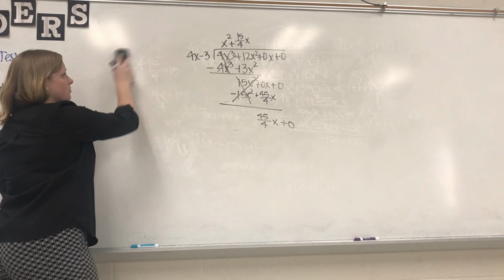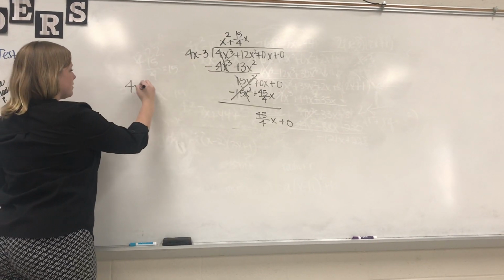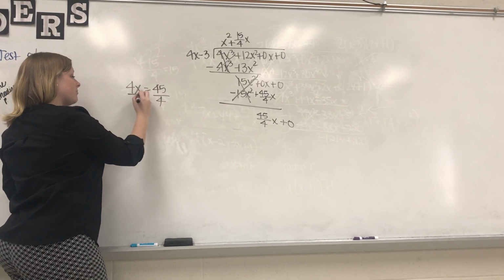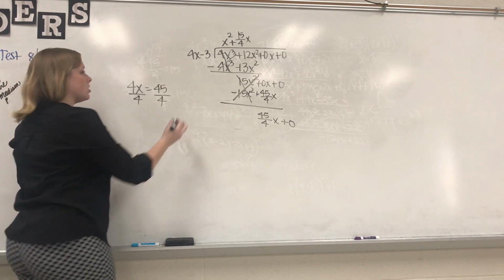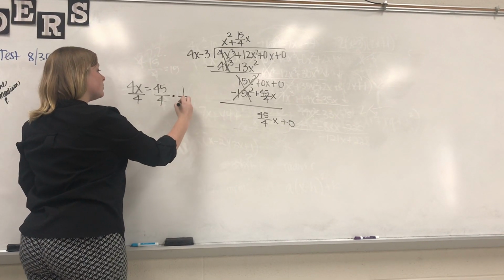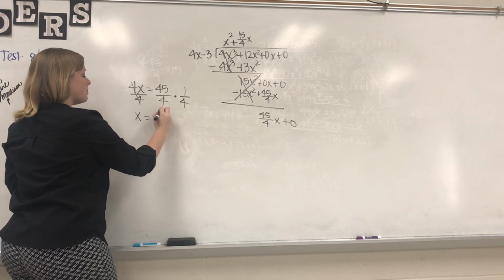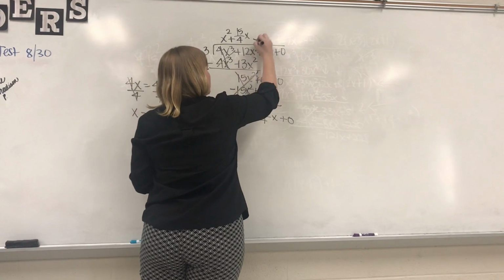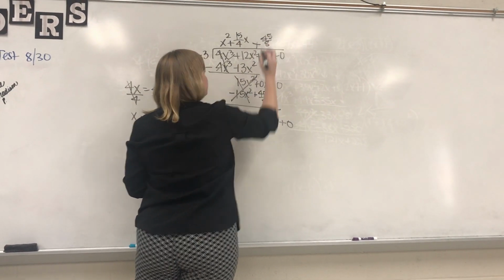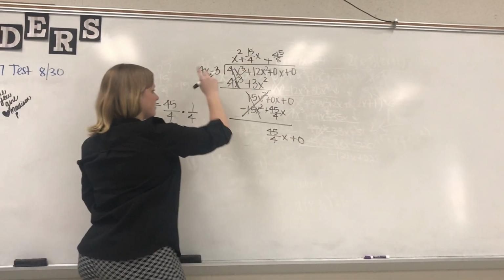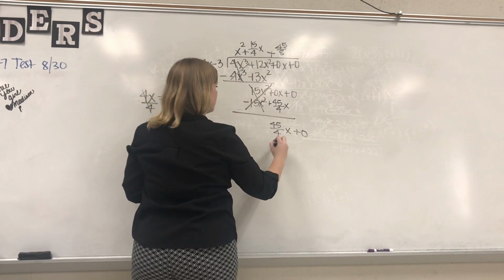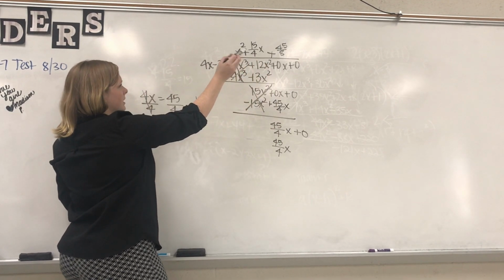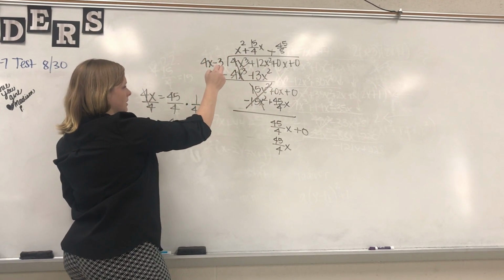I'm going to do the same thing I did over here. 4 times what will give me 45 fourths? I can divide by 4. Dividing by 4 also means multiplying by the reciprocal. So it would be 45 eighths. So I'm going to multiply by 45 eighths. 45 eighths times 4x is 45 fourths. And times negative 3 is an icky number.